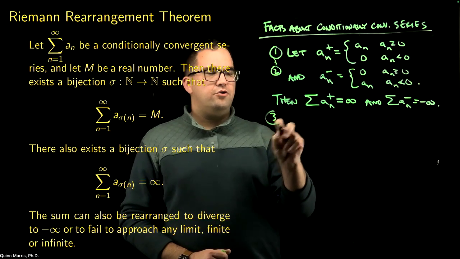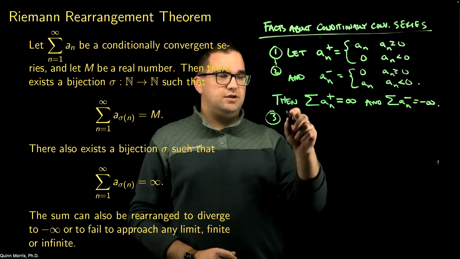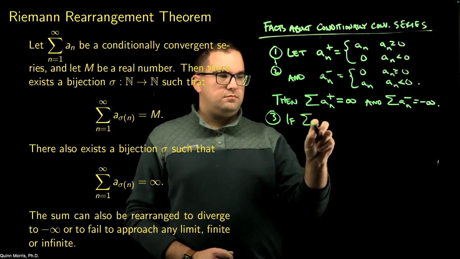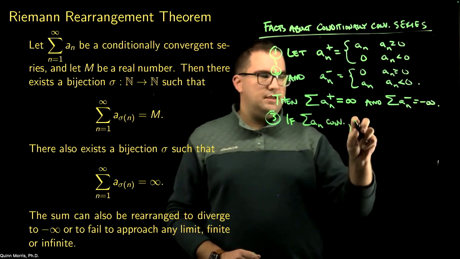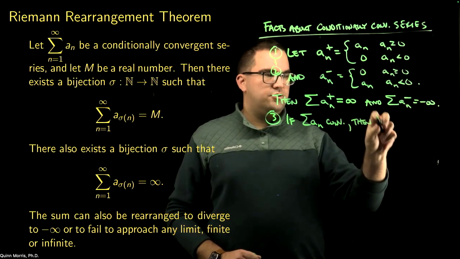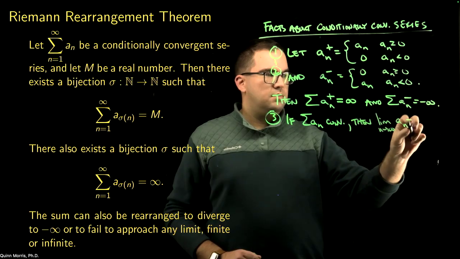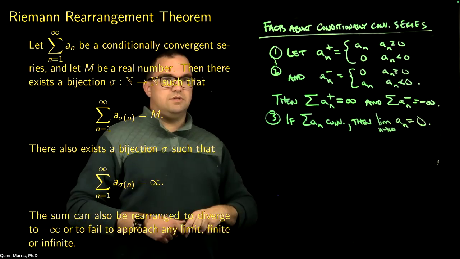The third fact is a fact about any convergent series, actually, not just conditionally convergent series. If this series converges, conditionally or absolutely, then the limit of the terms must go to 0, right? This is a pretty easy proof by contradiction.